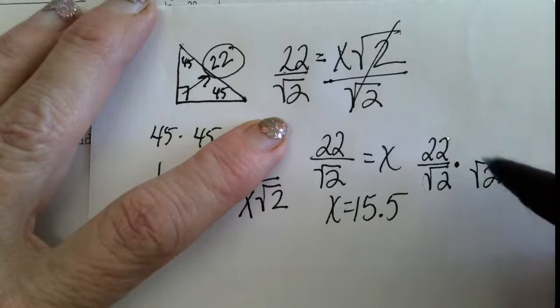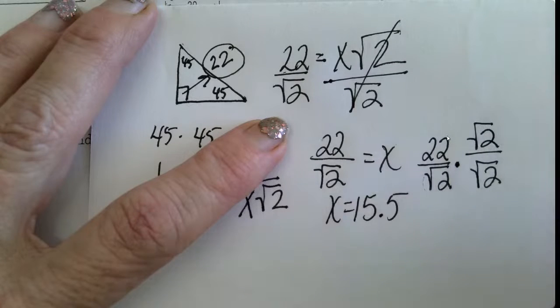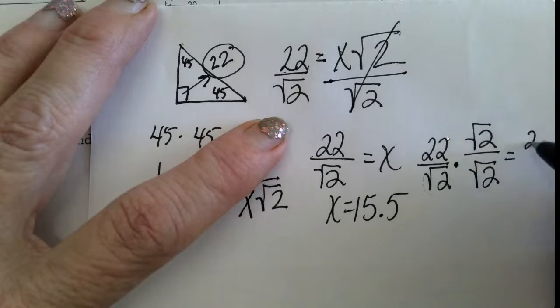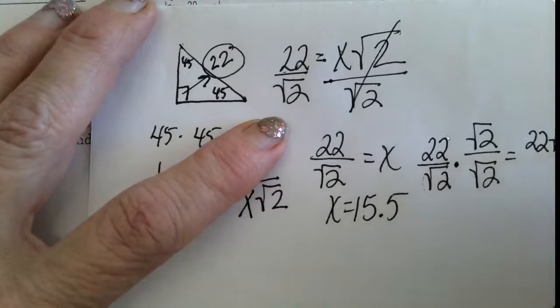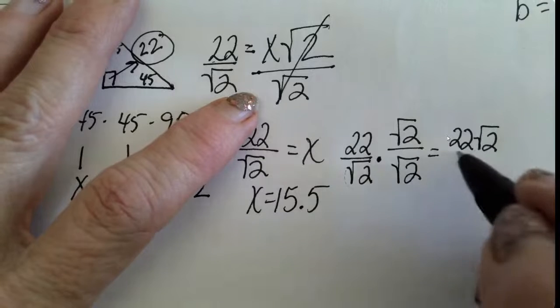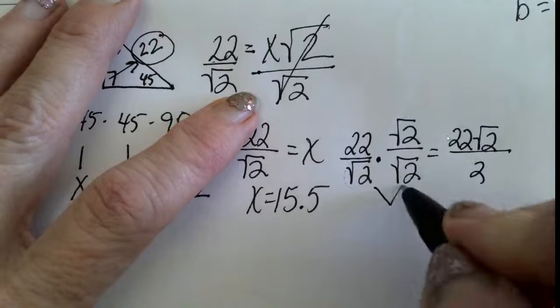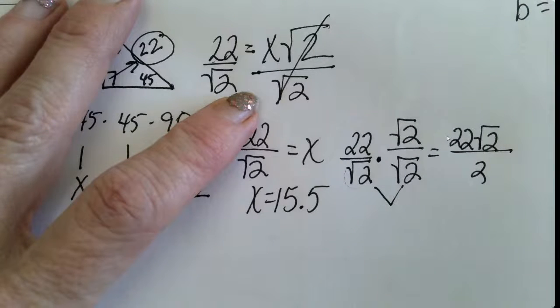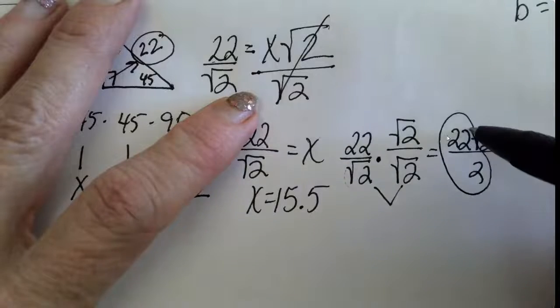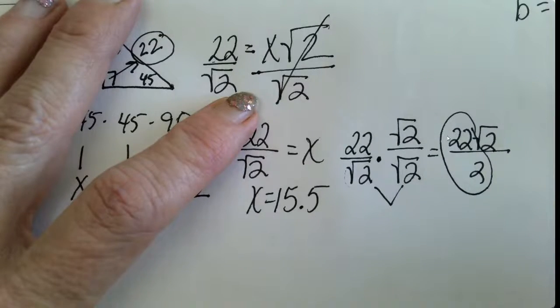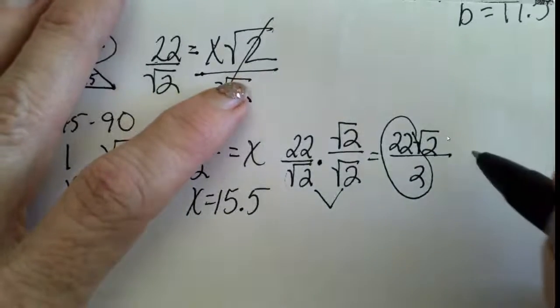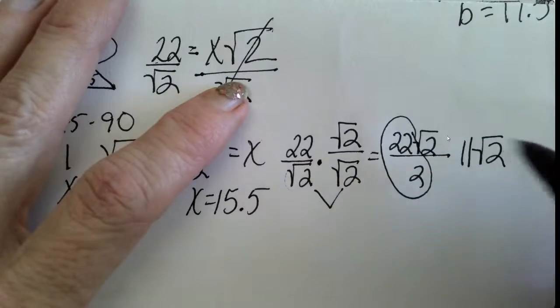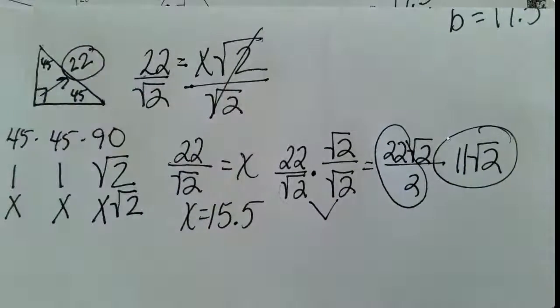We have to multiply by that square root of 2 on top and bottom. So that would be 22 square roots of 2 over 2, because that gets rid of that. And then 22 divided by 2 would be 11 square roots of 2. And if you look on the back, 11 square roots of 2 is what they're going to have as an answer.